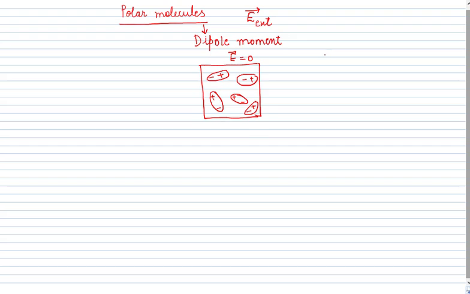But when we apply some external electric field, that means E is there, then what happens if we look into the dipole moment of these polar molecules? Then these are aligned along the same direction.